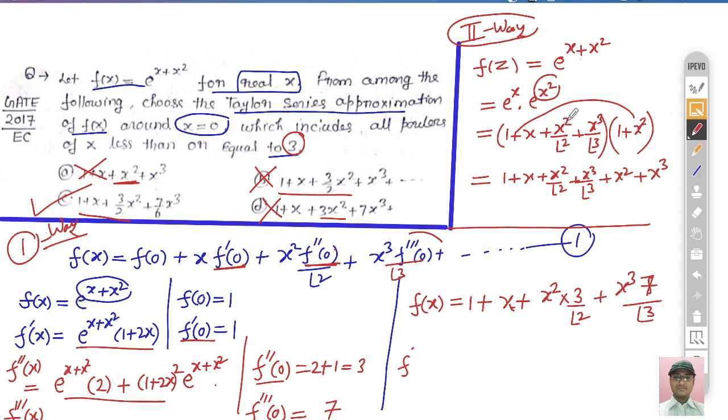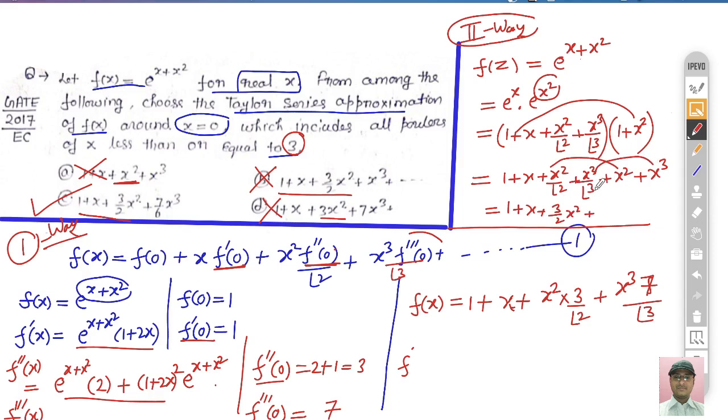So no need to write this term. Now what you will get? This is 1 plus x, and here see the x square, here x square and here x square by 2. So once you do the summation, it will be 3 by 2 x square, and the last term is x cube and x cube.